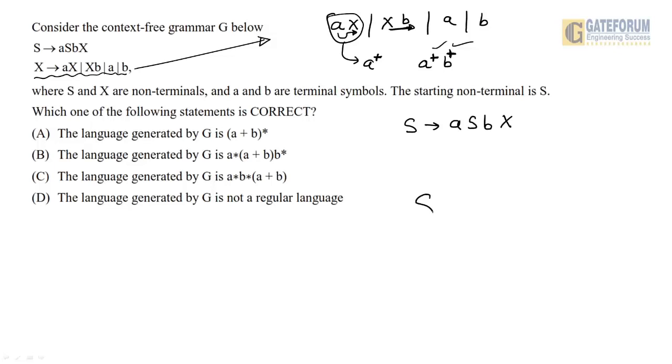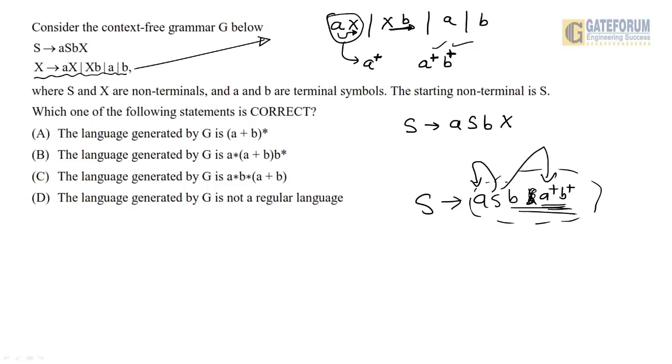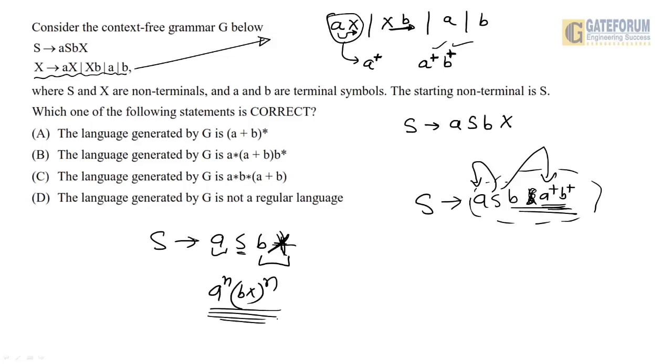Now see here, in the first, S gives you A, S, B, X. So here it is put like an A plus B plus type of expression, but what we can say, before S there is A and after S there is that particular string. So simply if we focus on this A, S, B, X, A, S, B, X, before S there is A, so whatever the number of A, the same value should be after the S, like this.